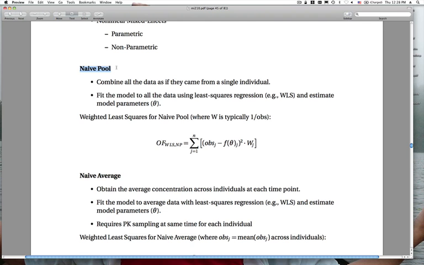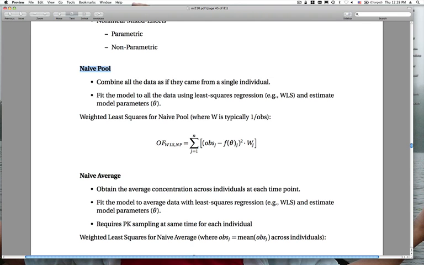Often these are used commonly in non-clinical studies where you have individual animals contributing a subset of data, and then you pool them all together to create one picture of a single individual. You end up taking that pooled data set and fit the model to those data using any one of the least squares objective functions that we talked about. It's not a population objective function.